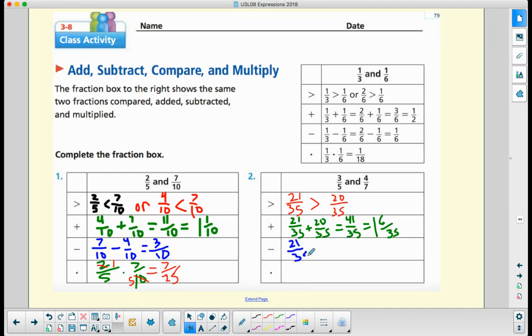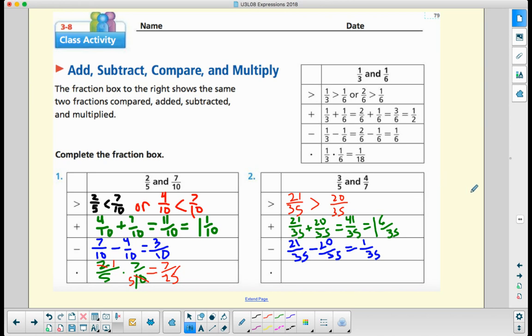If I take away, or subtract, 20 of them, I only have one of those 35ths left. Remember, subtracting is finding the difference. The difference between having 21/35 and having 20/35 would be 1/35. So that's why sometimes we'll say how many more.